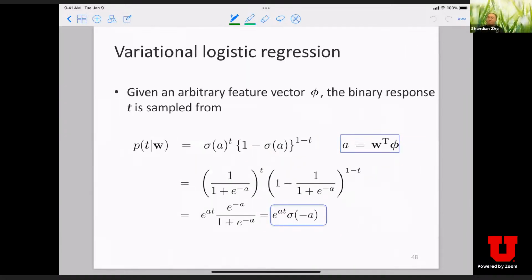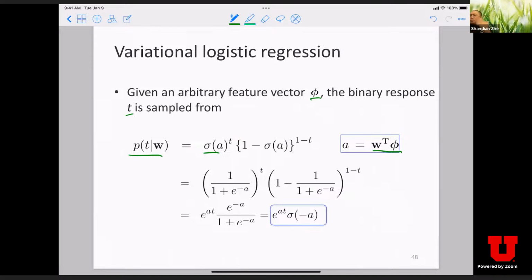And then let us go back to look at the likelihood of our Bayesian logistic model. As we mentioned before, our likelihood for any data point t, given the feature vector, is a Bernoulli likelihood where the probability is the sigmoid function, and the input to the sigmoid function is this score, w transpose phi, the inner product between the weight vector and the feature vector.